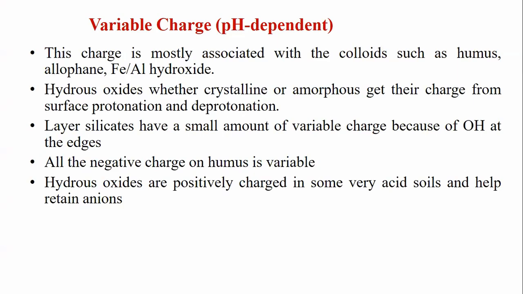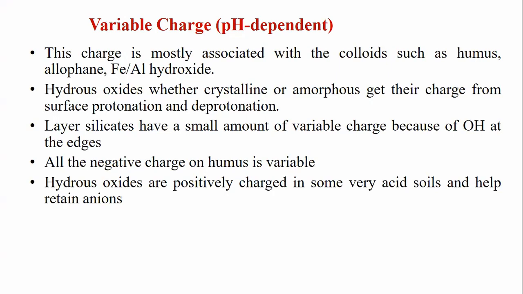So the hydroxides, whether crystalline or amorphous, get their charge from the surface protonation and deprotonation. You know what protonation and deprotonation mean: acceptance or rejection of the H+ ions, respectively, right? So the layer silicates have a small amount of variable charges because of OH at the edges. Variable charges are very low in the layer silicates because of the OH- at the edges.